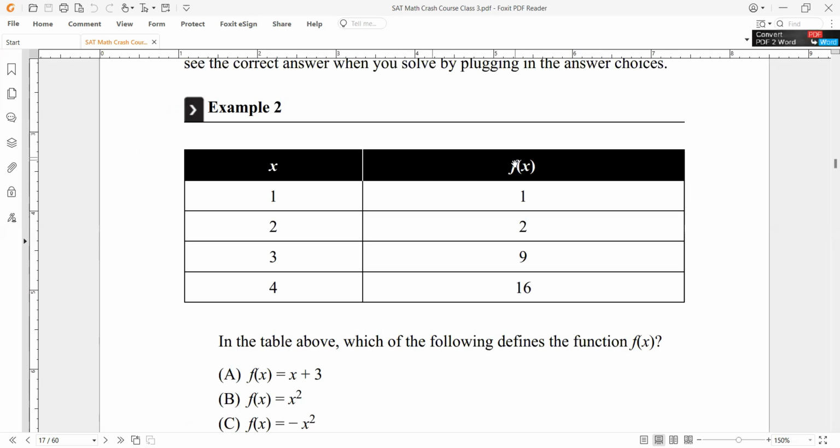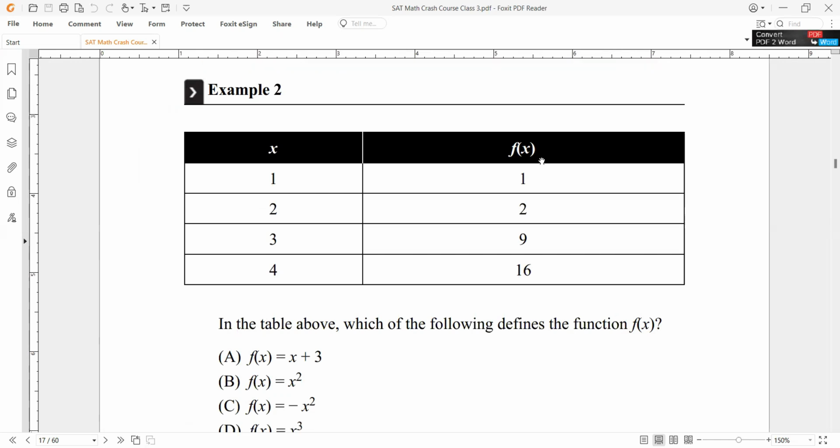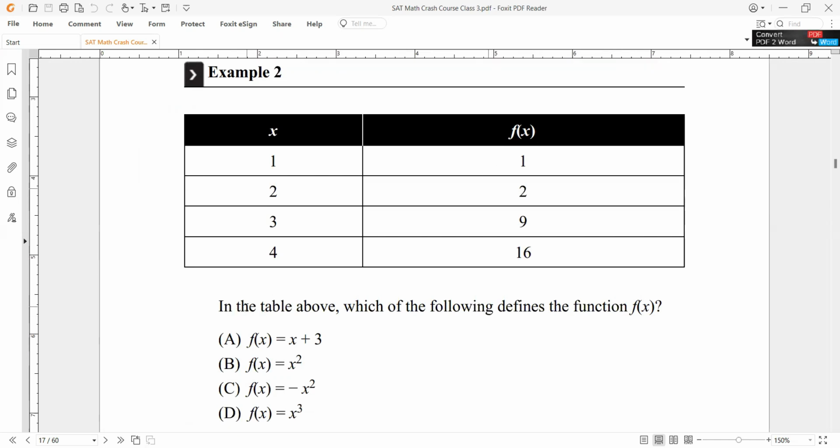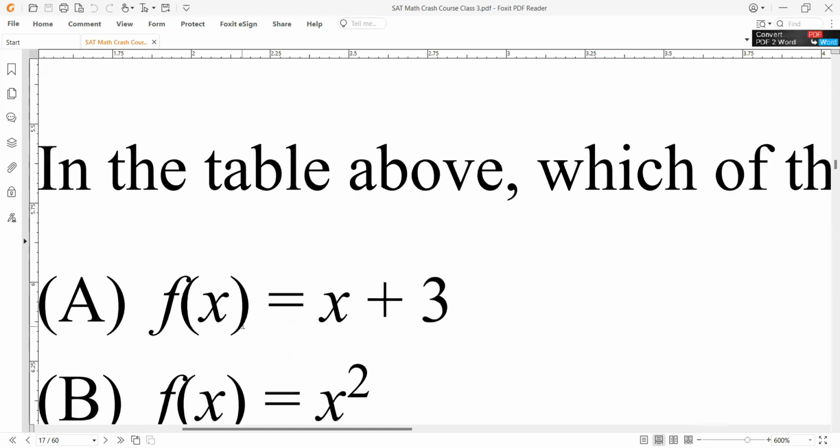So this f of x is nothing but an output. But if you say that this f of x is an expression, then this is wrong. What I'm trying to tell you is that f of x equals x plus 3 is the output. It's basically the y value.